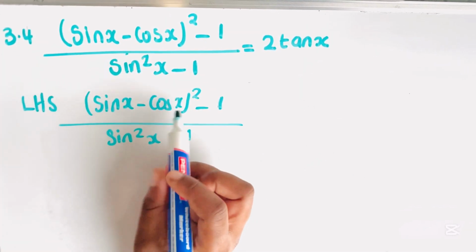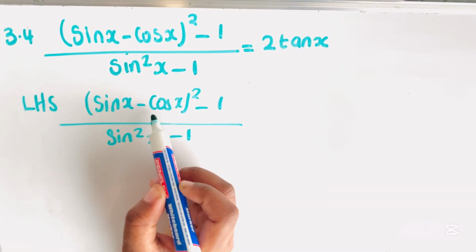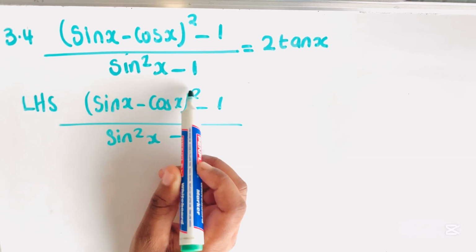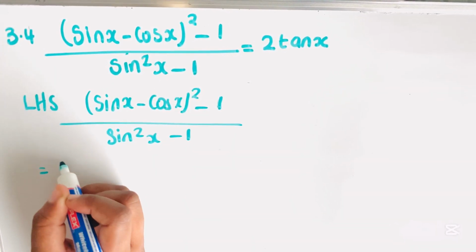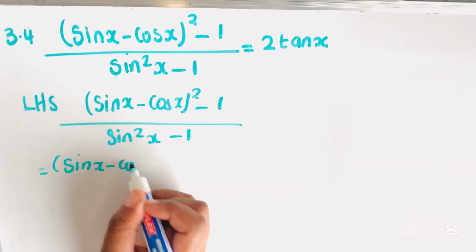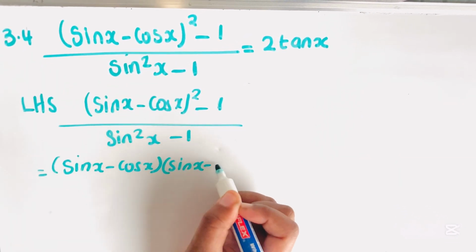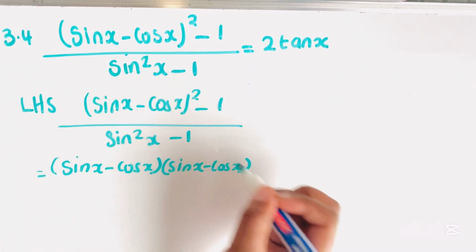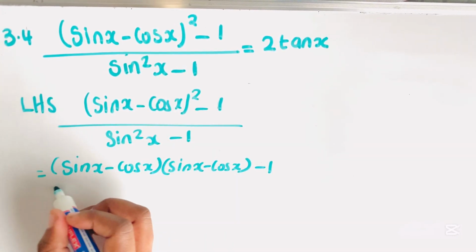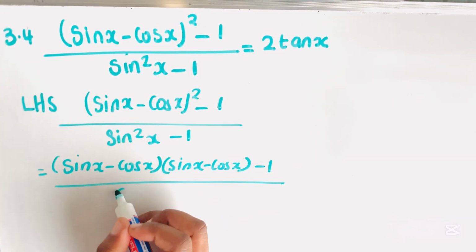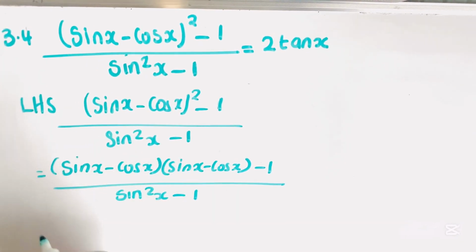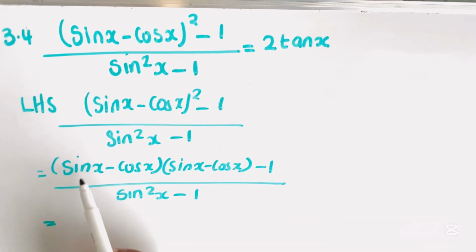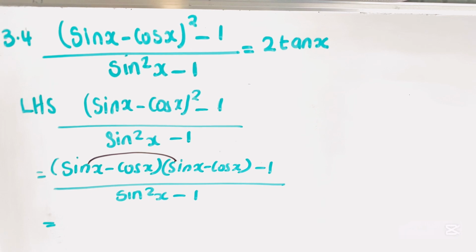What we can do, we have sine x minus cos x all squared. So this simply means this thing multiplies itself twice. Then we keep the minus 1. The denominator for now we will keep as sine squared x minus 1. Multiply the brackets.